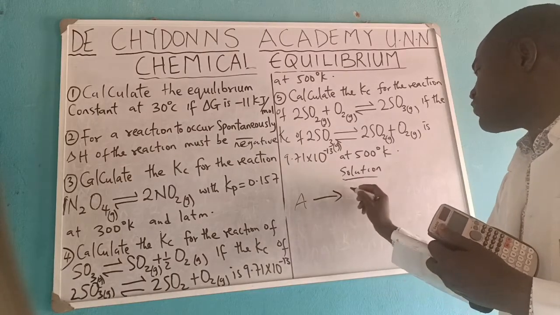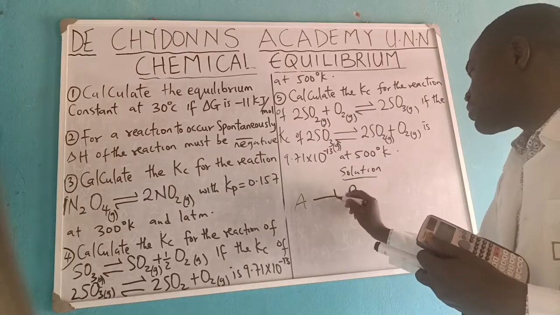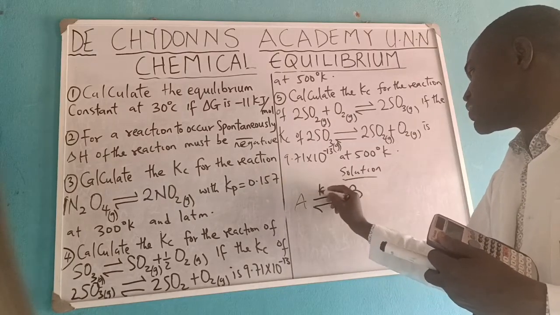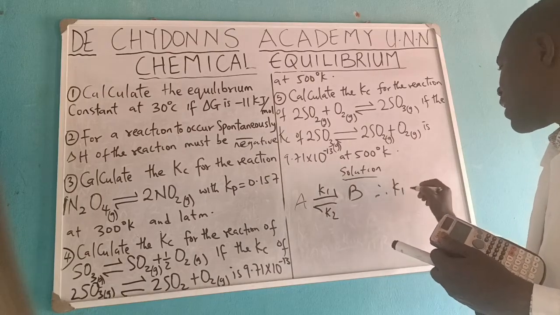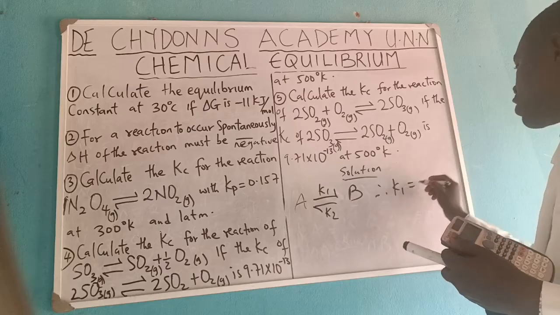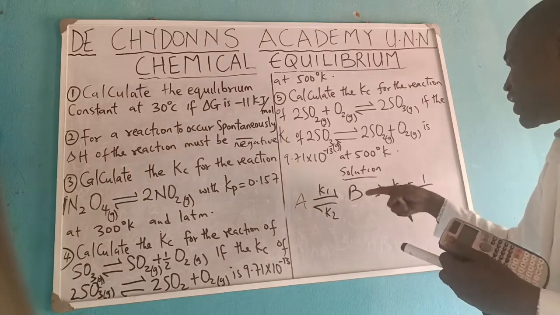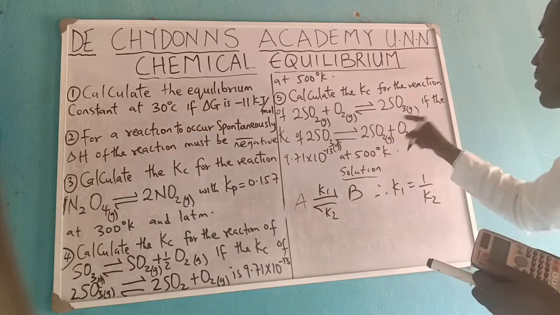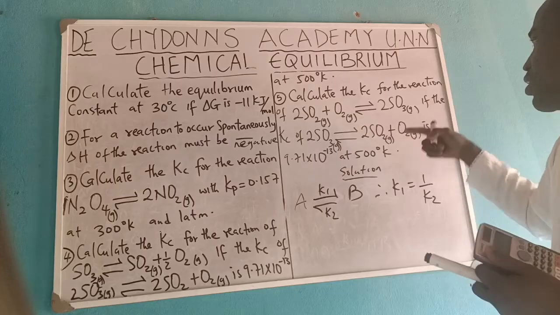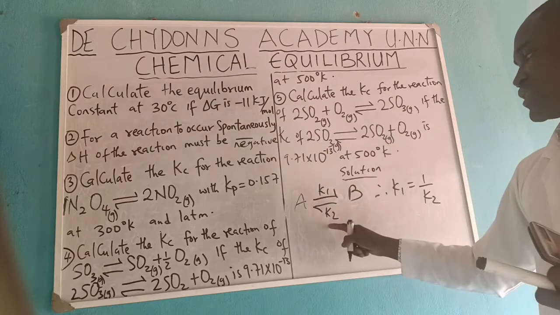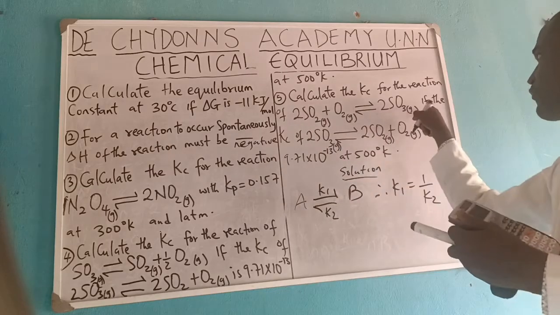A gives me B. This is K1 and this is K2, where we said that K1 equals 1 over K2, because this K1 is for this and this is for this. So they gave us the K2, the reverse one, for this to go back. They gave us K2 and they're asking us to get K1, the forward one.